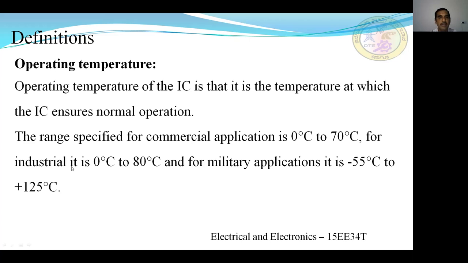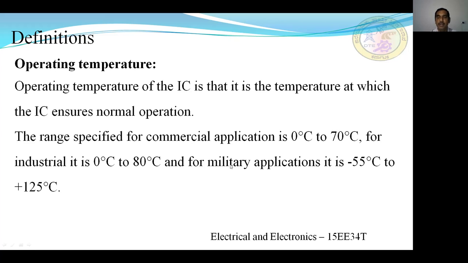Similarly, for industrial, it is 0 degree centigrade to 80 degree centigrade. Just observe here, it is 70 degree and for industrial it is 80 degree. Industrial applications may be exposed to a heated environment, so that's why it is extended up to 80 degree centigrade.